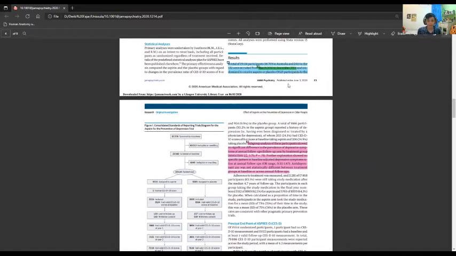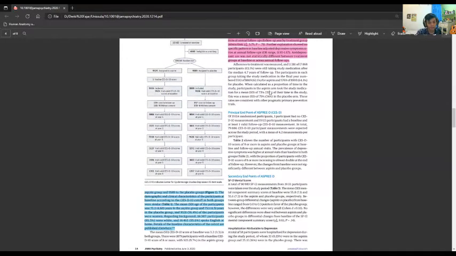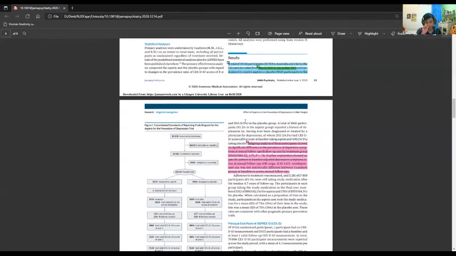And there is 14b, why the trial was stopped. For the 14b, we don't think we can find any, because in this article we cannot find why the research was stopped. Okay, maybe we can skip it.